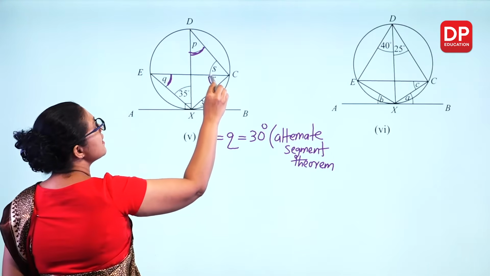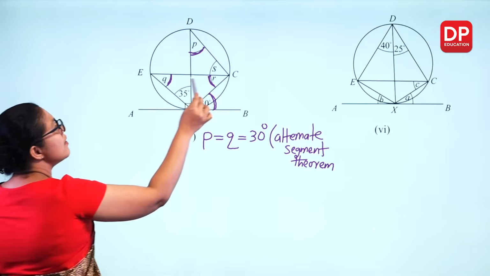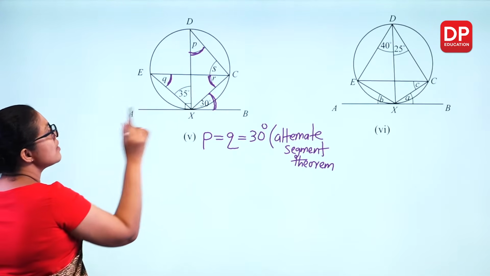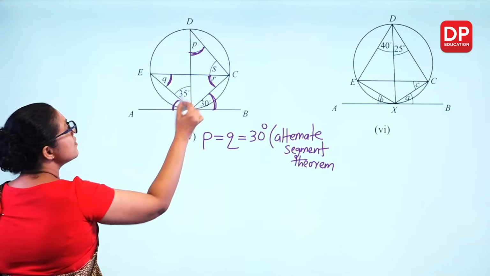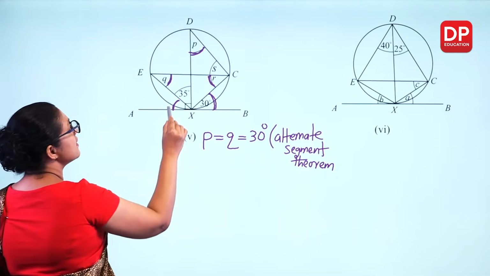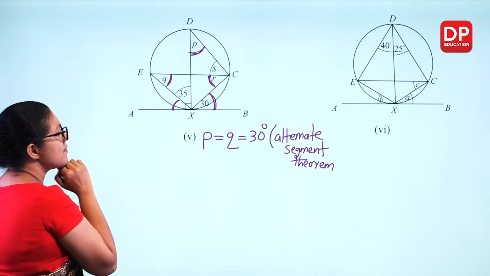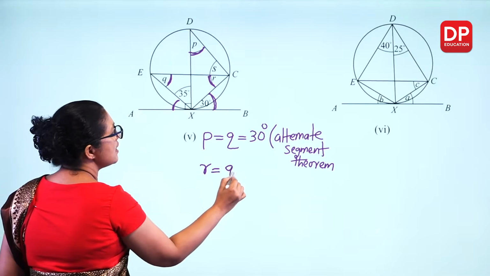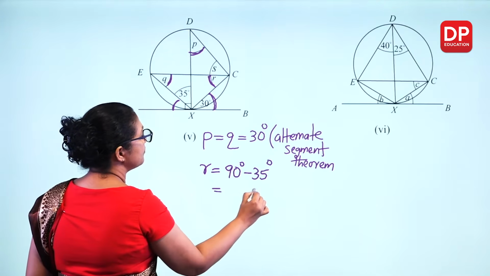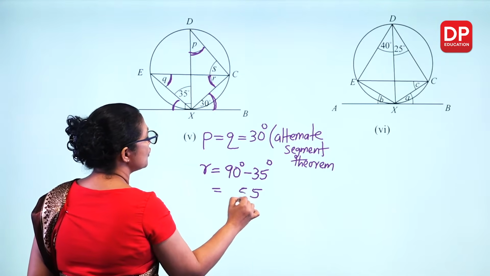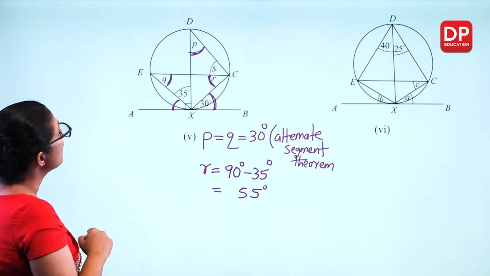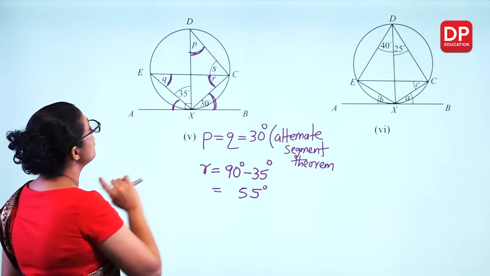Now to this angle, now we need to find out R. What's the alternate? The angle between the chord and the tangent? This angle. So if we can find out that angle, it's equal to R. So what is this angle? 90 minus 35. So R equals 90 minus 35, so 55 is R. Now we found out 55 for R, PQ we found.